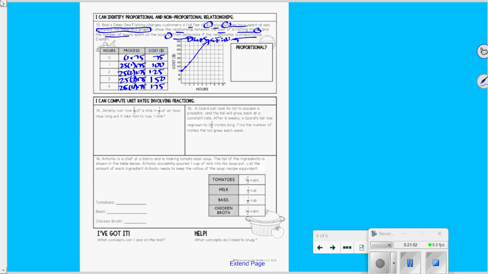Why? I'm sorry? Good. So no, it doesn't go through origin. Realize on your test it might go through origin. You just have to be able to justify your answer.